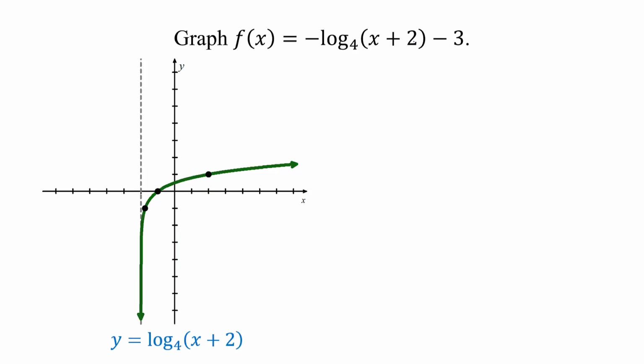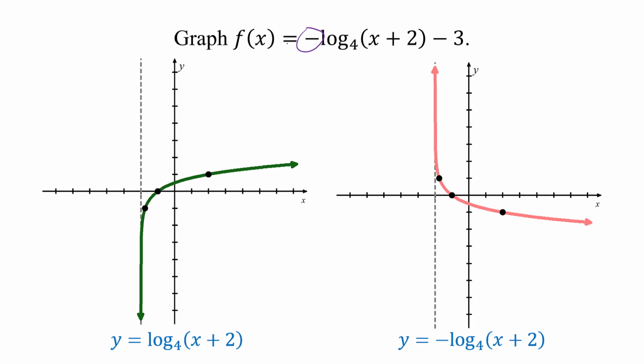Okay, so the next thing, seeing this negative out in front of the log, I will reflect the graph of y equals log to the base 4 of (x plus 2) about the x-axis to give me this graph, y equals negative log to the base 4 of (x plus 2). And keep this graph in mind. We're actually going to return to this in a little bit.